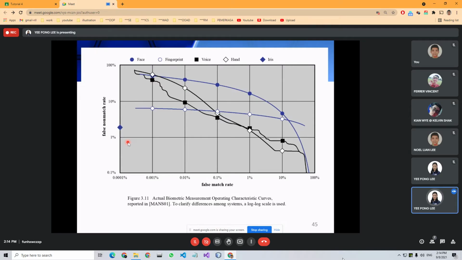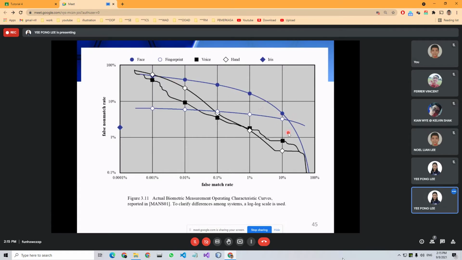However, for the face biometric, false match is 0 here, still okay. But over a broad range of false match rates, the face biometric has the worst performance overall.